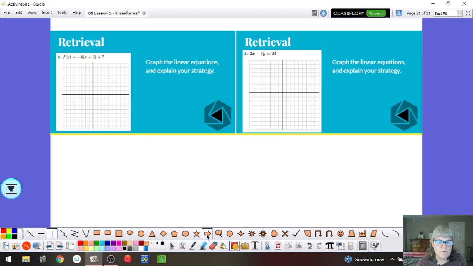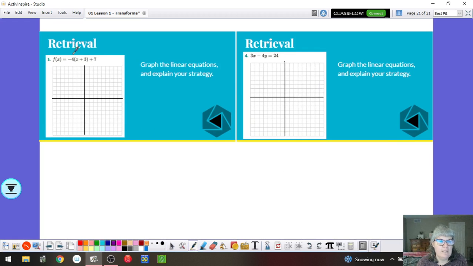So for this first equation where we have negative 4 times (x plus 3) plus 7, I'm going to start by going to the left 3. So from my origin, I'm going to go 3 to the left, and then that plus 7, I'm going to go up 1, 2, 3, 4, 5, 6, 7.